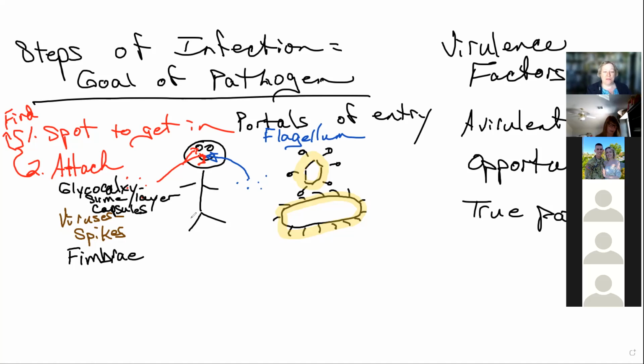These fimbriae are very, very specific to what kind of human cells they want to grab a hold of. They're not going to grab a hold of the stomach, because they're just trying to get through the stomach as fast as they can, because they are not acidophilic. They're not going to grow in your stomach. Same thing with viruses. Viruses are very specific as to where they want to attach.